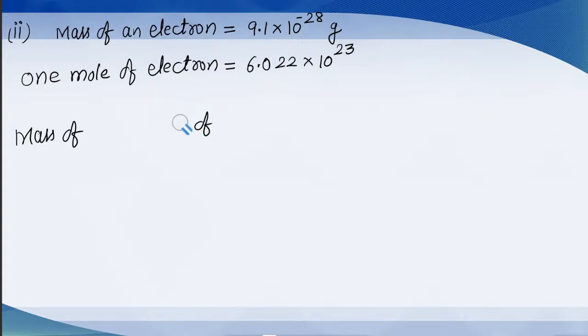First we write the mass of 1 electron, that you know, 9.1 into 10 raised to power minus 28 gram.